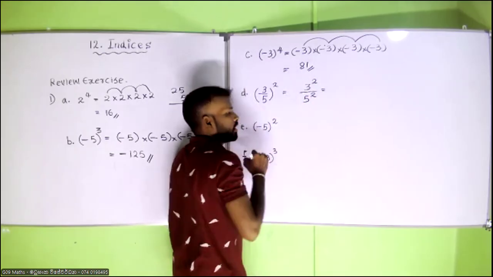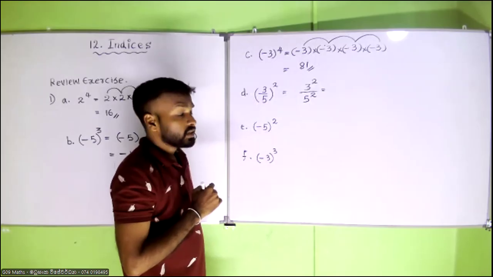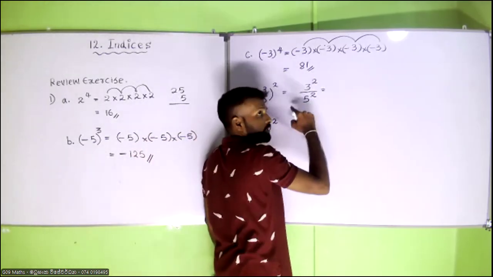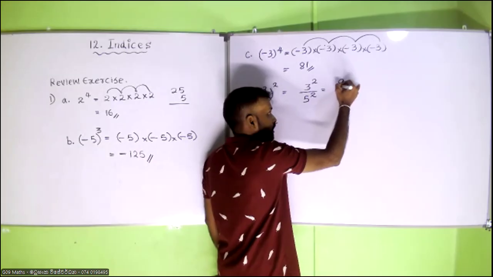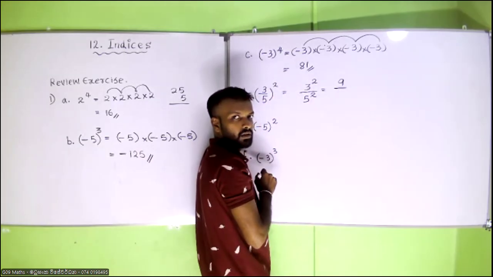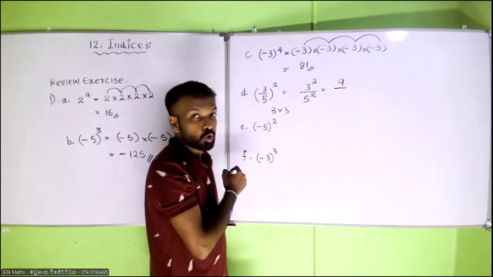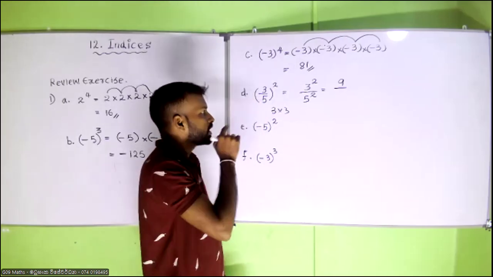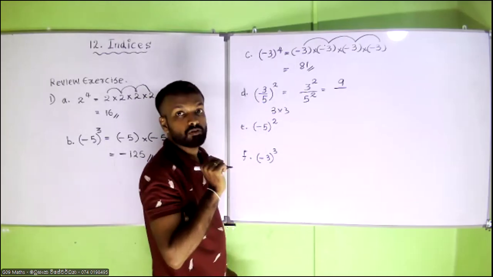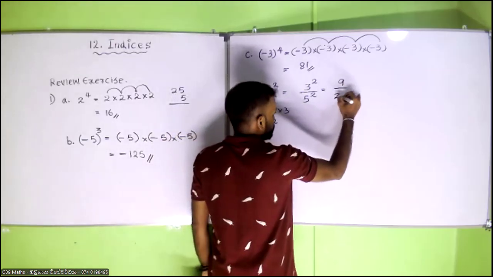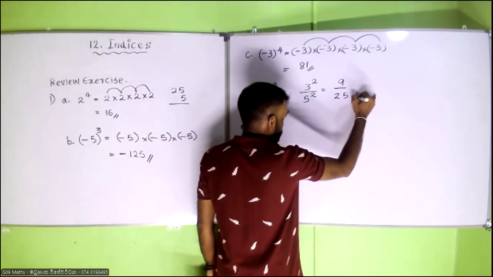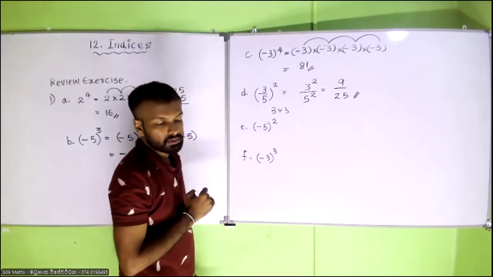How to evaluate? 3 to the power 2, 3 times 3, 9. I'm not going to expand like 3 multiplied by 3. You know that already. 3 multiplied by 3, 9. 5 multiplied by 5, 25. This should be your answer.